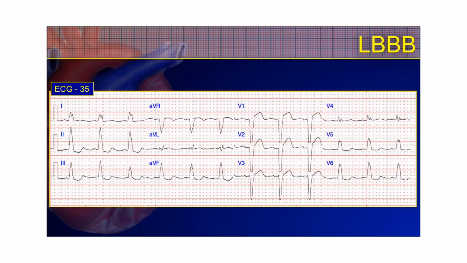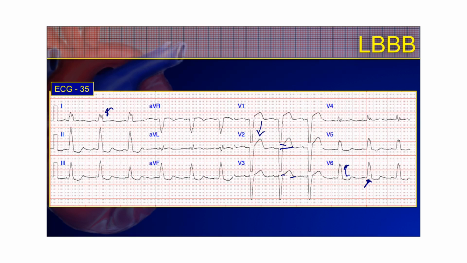Because you can never see too much of anything when you're trying to learn something, here's another left bundle branch block pattern. This is again a sinus rhythm. It's got aberrancy. You have a left bundle pattern in V1, V6, and lead 1. And of course you do see that very significant ST elevation in the right precordial leads, and maybe a little bit of depression over here in the left precordial leads.